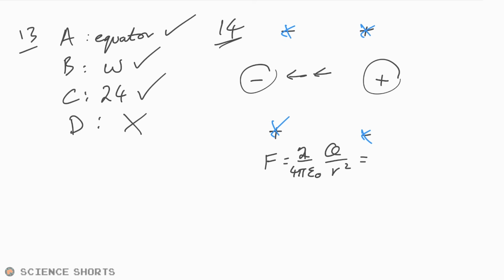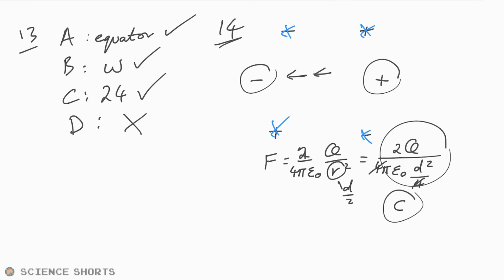First of all, we need to replace our R with D over 2, don't we? So I'm going to say 2Q. I'm going to leave it as 2Q for the time being because I think we're going to end up with a 4 real quick. That ends up being D squared over 4 because D over 2 all squared. And so that 4 and that 4 cancel each other. So it looks like the answer is going to be C.